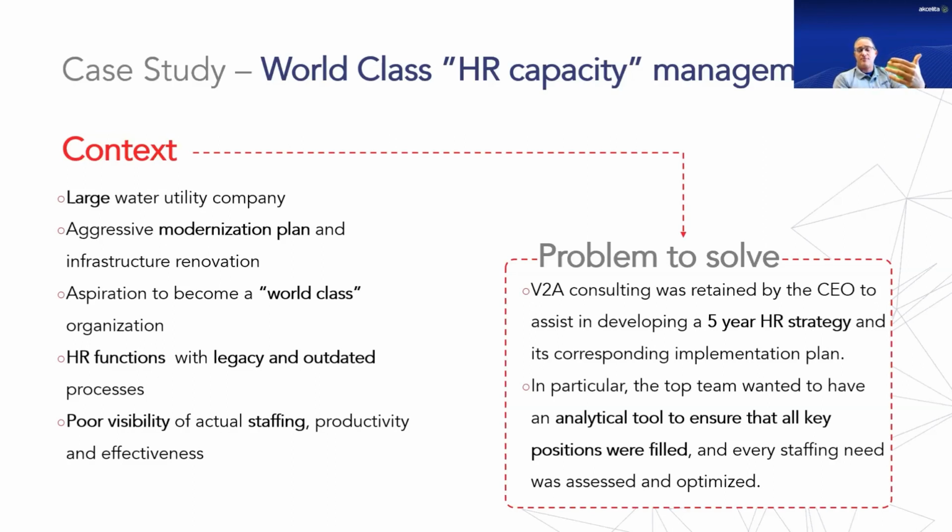Help us out to develop the HR strategy for the years to come, but please give us visibility and a good analytical way to manage resources, human resources, because they knew how to manage construction, they knew how to manage pipe budgets and everything, but human resources, they didn't have visibility. So clearly, these are all engineers, and I have to say that because that was the thinking, right? So the CEO was an engineer, and he wanted to solve the problem in the engineer way. So he needed the tools to do that. Next.